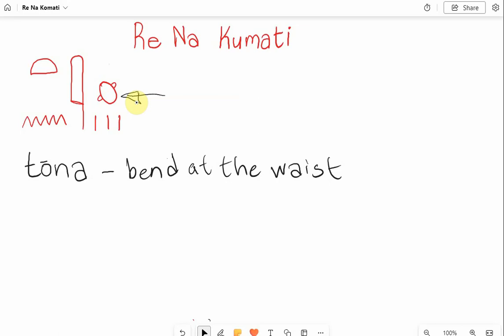So in this case, Tona, meaning to bend at the waist and put your rump, meaning your behind, towards someone, which is considered to be a repulsive act.